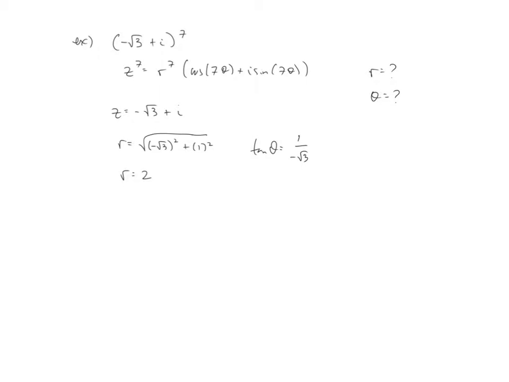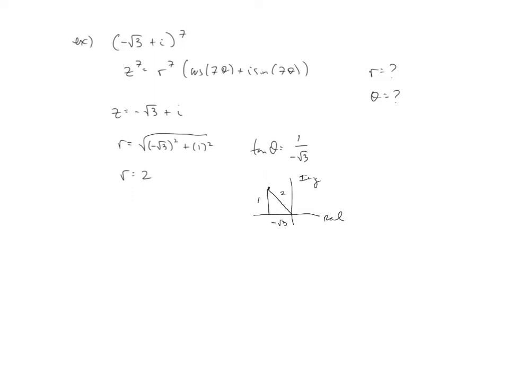Now here's where we'd want to be a little bit careful. Notice that our point in the complex plane would be negative root 3, positive 1, so that actually puts us in the second quadrant. So if I go ahead and draw this as the real axis and this is the imaginary axis, then our point is going to be up here, allowing us to draw the triangle with a 1 and a negative root 3 respectively.